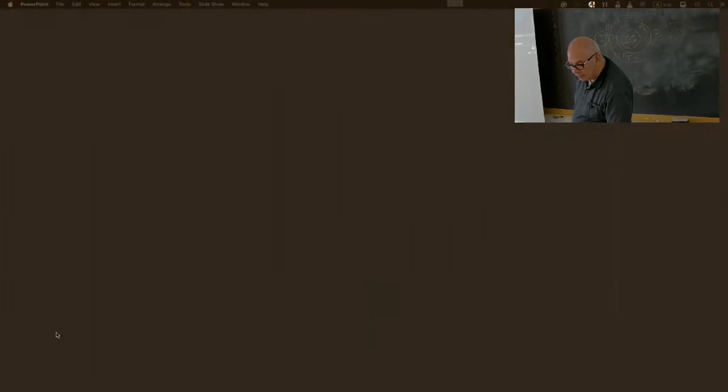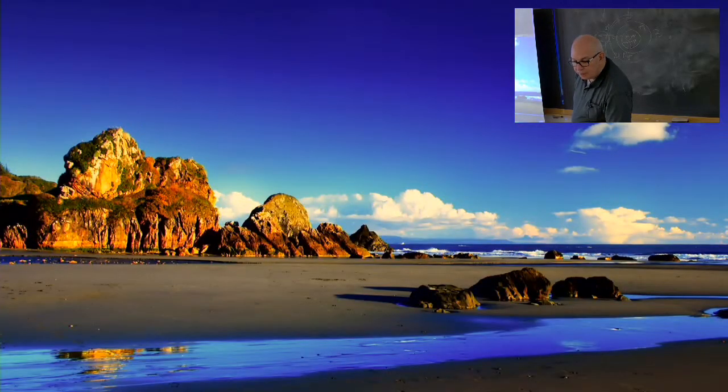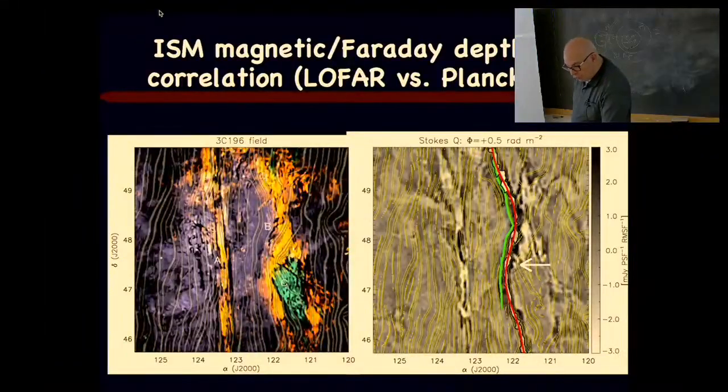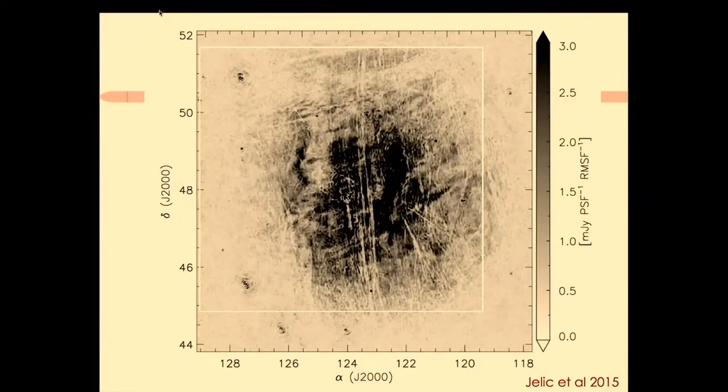So this is how it looks like in polarization. It's crazy. This is an integration over a number of frequencies. I think it's the NCP, yeah, in polarization. Look at these canals. They are called depolarization canals. They are thin. What the hell are those?